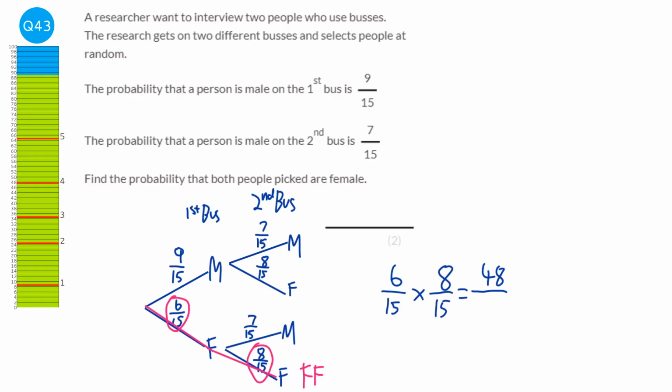And times the bottoms, 15 times 15 is 225. Now you can actually cancel that down. So what you can do is divide top and bottom by 3, and that will give you 16/75. So either 48/225 or 16/75.